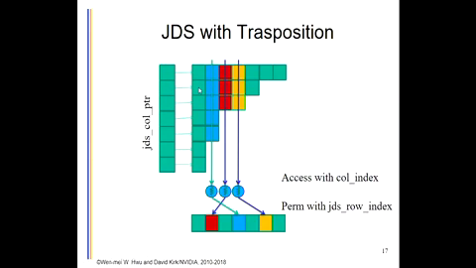So essentially, after transposition, we still need to know the quote-unquote row pointers, right? But the rows are actually the original columns in the CSR. So we call it JDS column pointer. And this is really marking the beginning of the original columns in the CSR format.